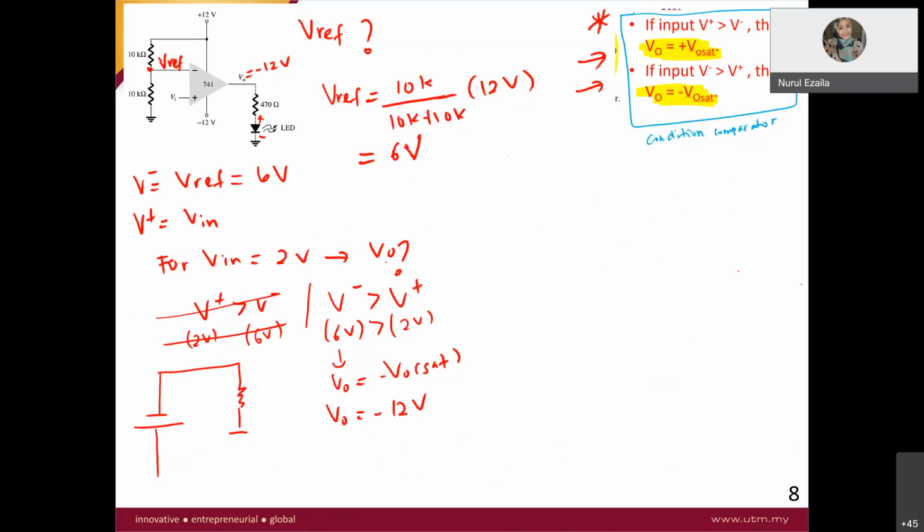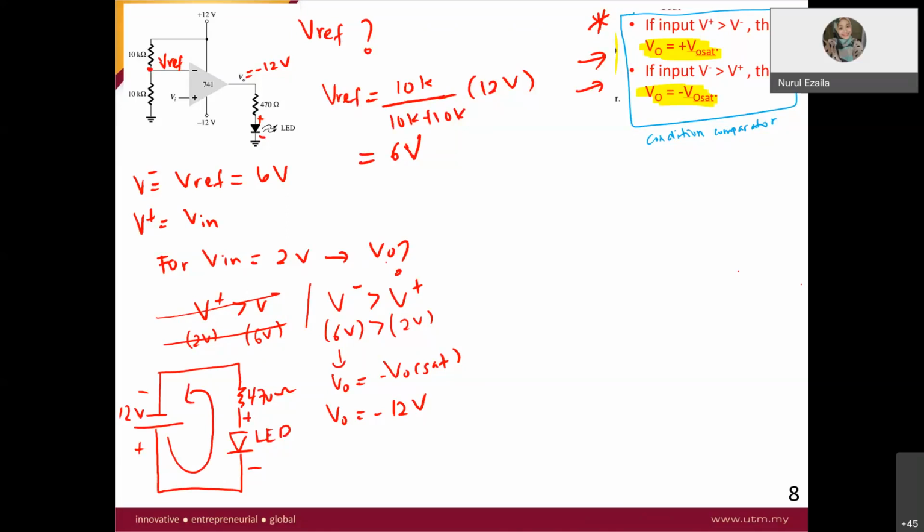what happened to your LED? So this is negative 12 volt, and this is 70 ohm, and this is your LED. So now the current is in a different direction, where negative is connected to the anode of the LED.